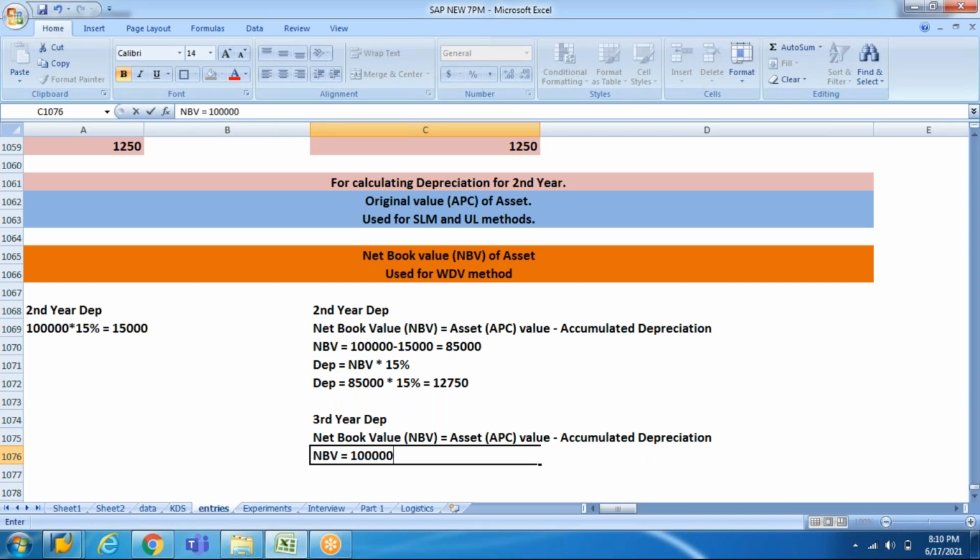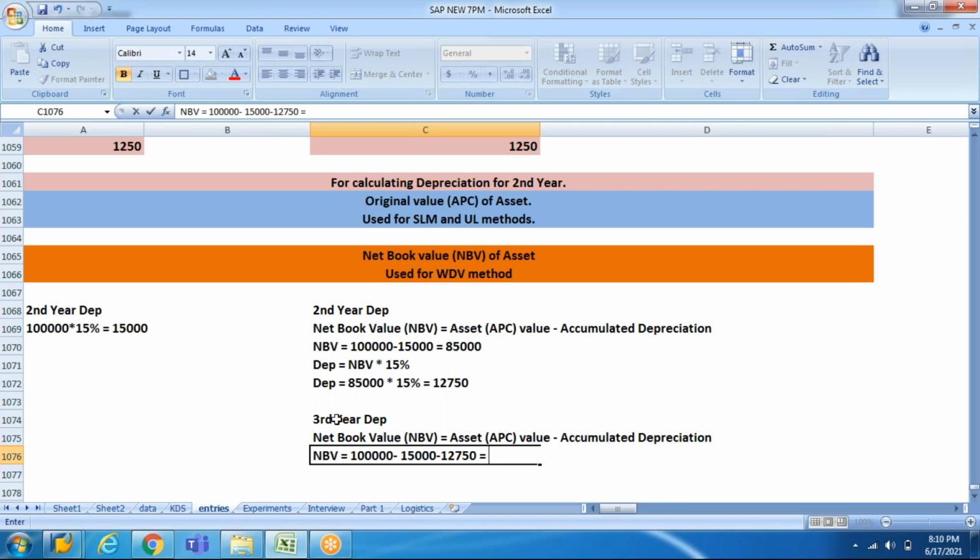Net book value is equal to 1 lakh, your asset value, minus, if you are in the third year, you need to consider the previous 2 years. So first year 15,000 minus second year value 12,750 will give you the net book value.